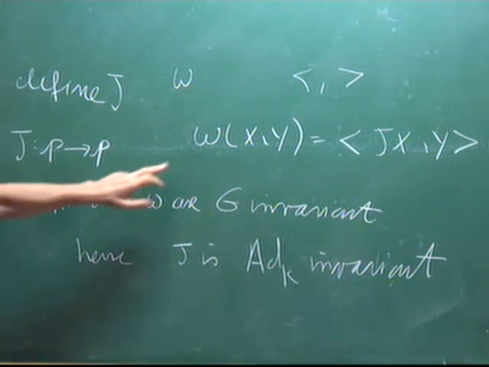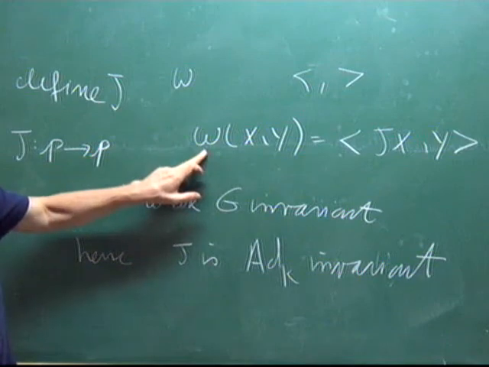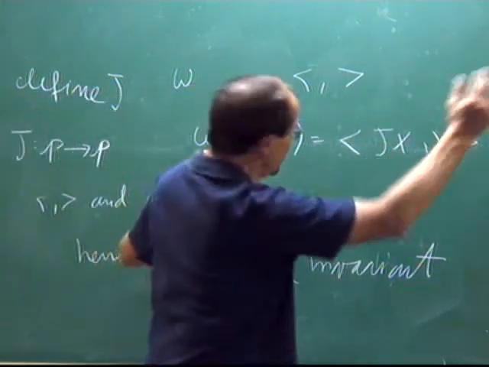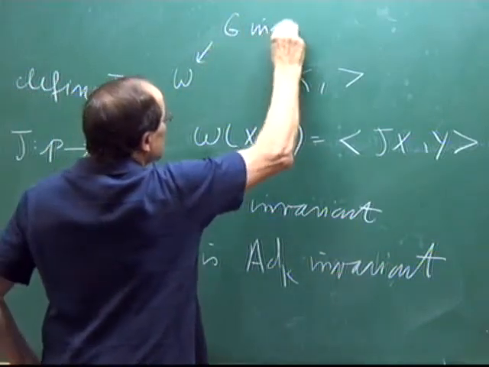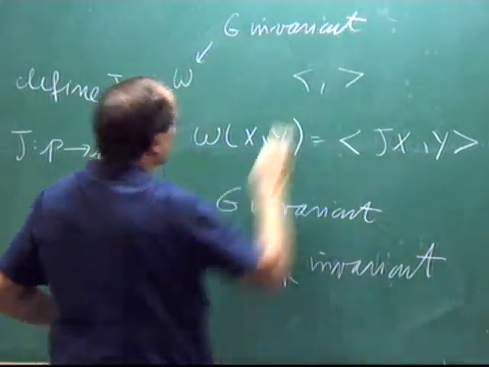Right now, I made omega G invariant, so maybe I call it omega tilde there. Let's say omega is my G invariant form now, which exists by assumption, but not construction.